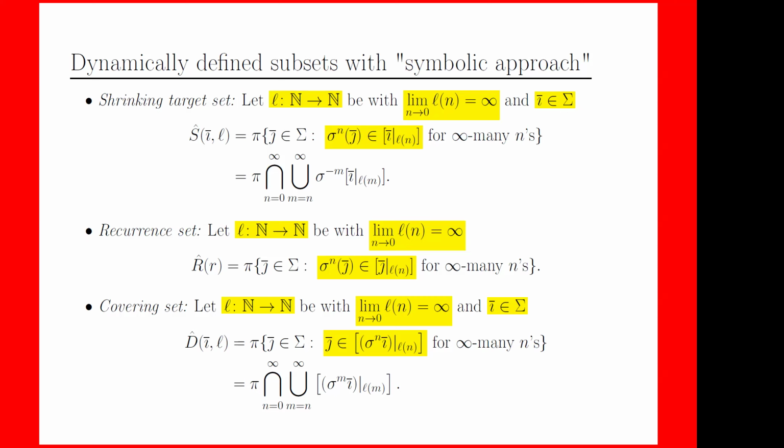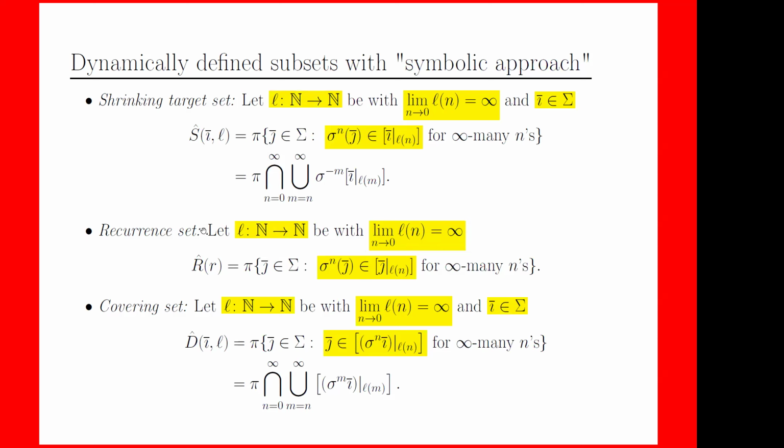Namely, instead of the radii of balls, you can choose a function from integers to integers, which will be the length of the cylinders, and you assume that it goes to infinity, so you take longer and longer cylinders. And what you are doing is basically considering this shrinking target set on the symbolic space. So you're interested in those infinite sequences whose orbit along the shift dynamics will hit these longer and longer, so essentially smaller and smaller, cylinder sets infinitely often, and you push it forward to the self-similar set.